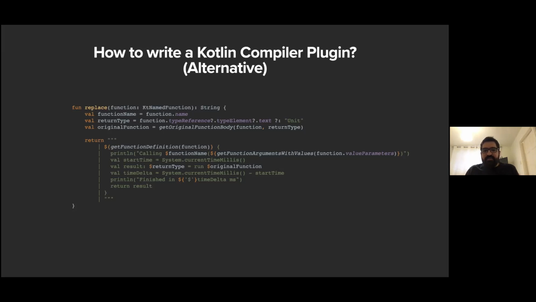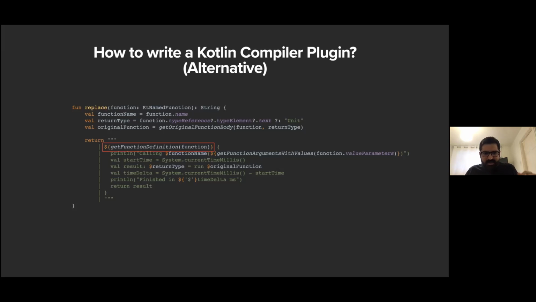Don't worry if a couple of things don't seem intuitive right now, because later I'm going to show you the code. But just as a quick reference of what we want to do, instead of writing the ASM instructions, is something like this. In the end, we have to return a very big string that contains just Kotlin code.